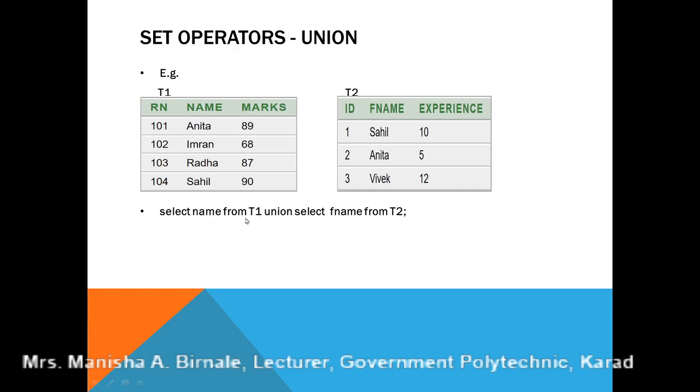The output of this first query will be one table having only one column. And what is the data type of that column? The data type of that column will be varchar. It will have string data. Then see the second query, select FNAME from T2.